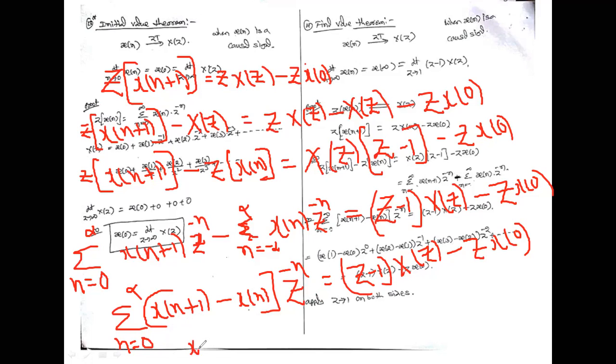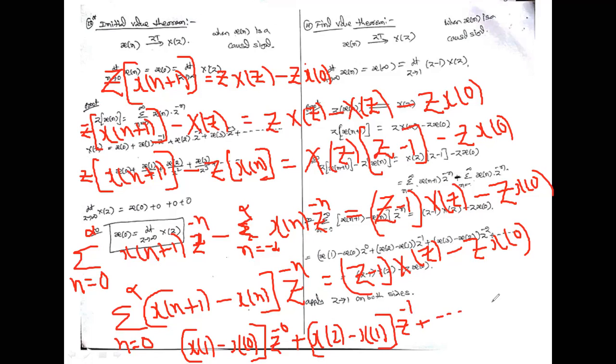So x(0+1) is x(1) minus x(0), whole multiplied with z power minus 0 as the first term, plus the second term, n is 1, 1 plus 1 is 2, x(2) minus x(1), whole multiplied with z power minus 1, plus up to so on, is equal to (z minus 1) X(z) minus z x(0).